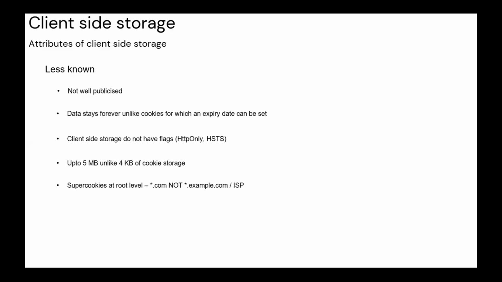I know I've been talking a lot about session storage, local storage, and IndexedDB, but there is something called super cookies as well, which are set at a root level, not at the example.com level but at the .com level, and these are set by ISPs. There is also a variation of this called evercookies, created by the famous security researcher Samy Kamkar.